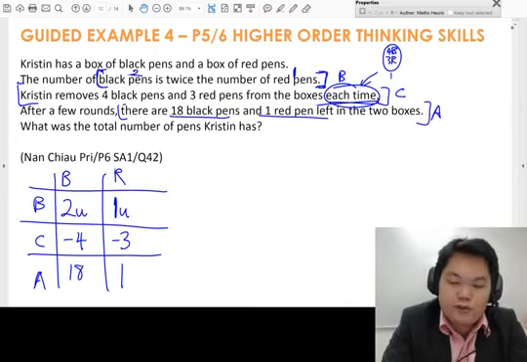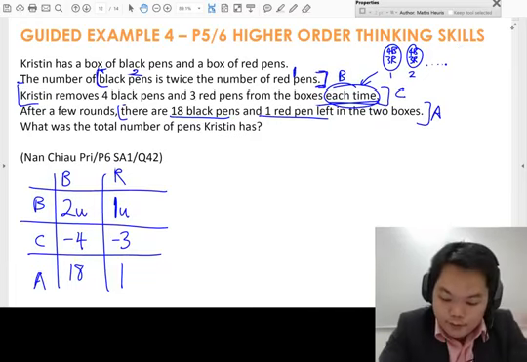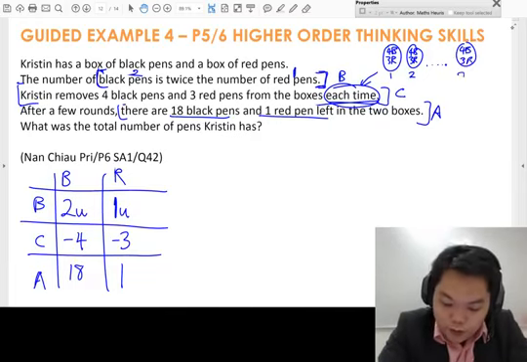You take another 4 black and 3 red the second time. And then you keep on taking until you got 18 black, 1 red left. You don't know how many rounds this is. So let's call this the parts group.